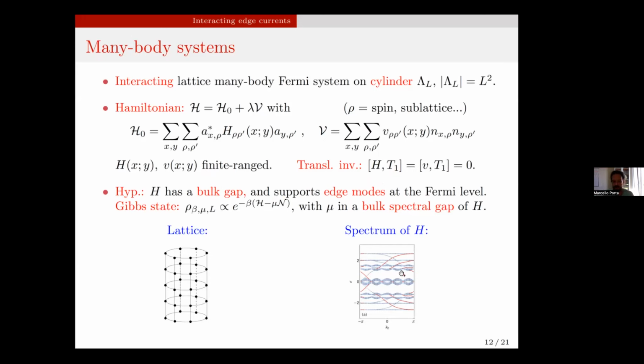Okay, so my only excitations at the Fermi level are given by the edge modes that may be there, and this is one case in which they appear. This plot is from the Hofstadter model for a certain value of the magnetic field. Okay, so this is the model.